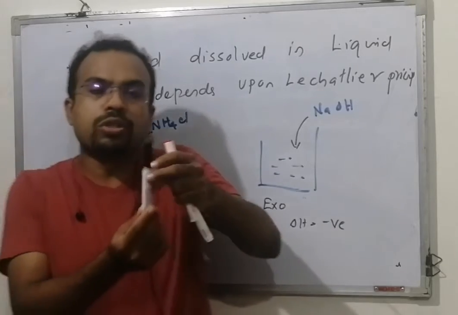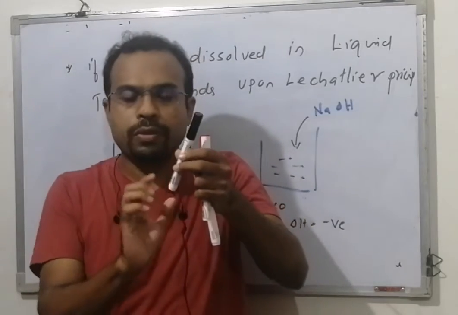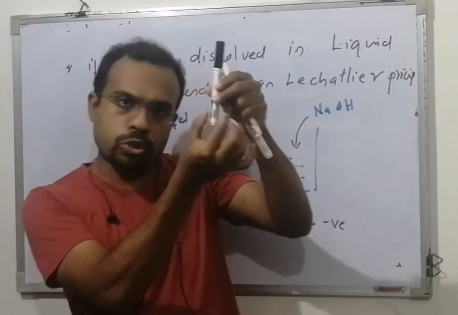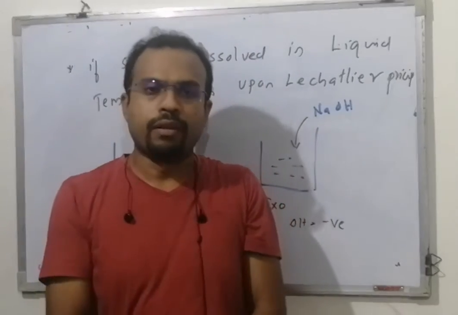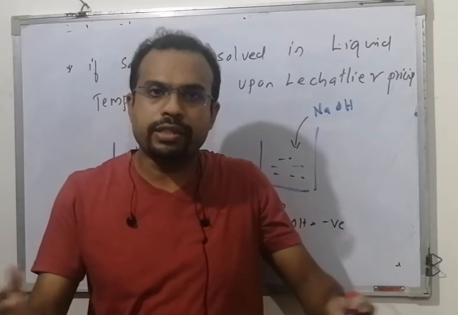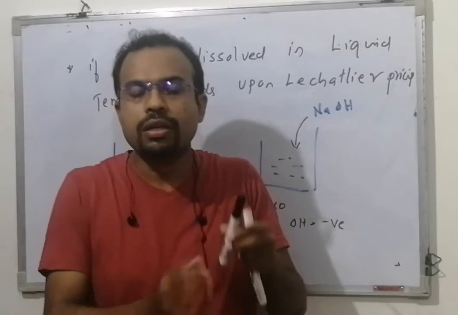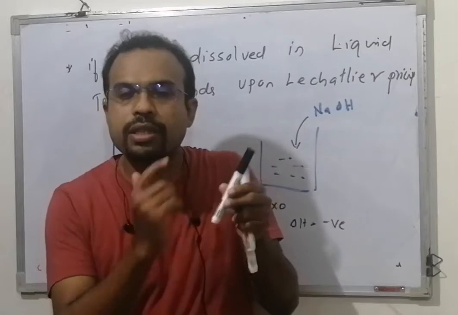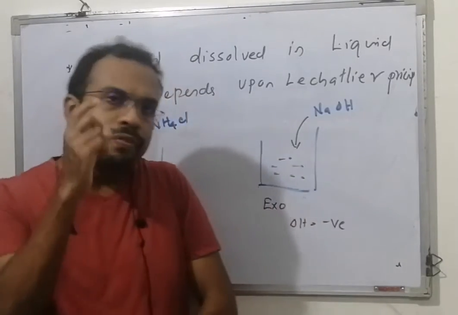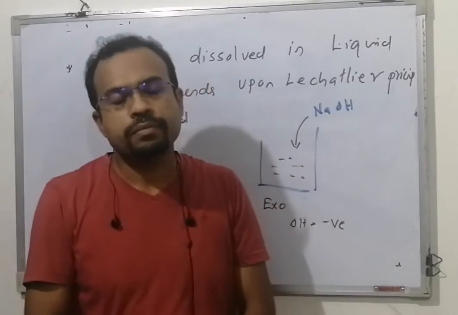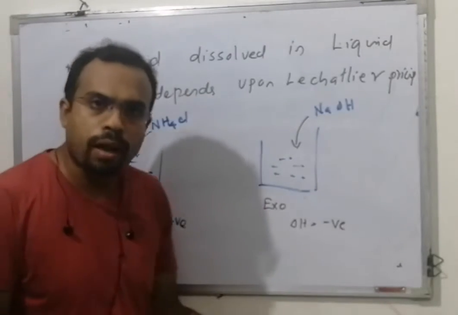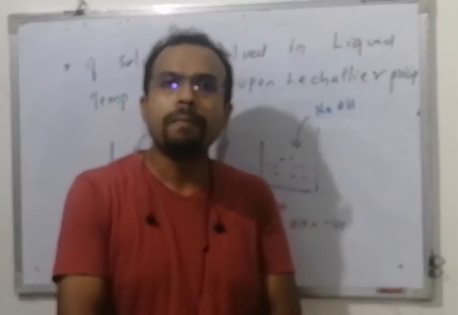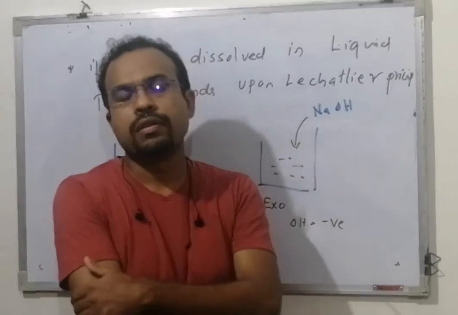That is why when you dissolve ammonium chloride in a test tube and touch the sides of the test tube, you will feel cooling, because it has absorbed heat from the surroundings. But if you dissolve sodium hydroxide, the reverse happens. You will feel heat. The test tube will be hot.